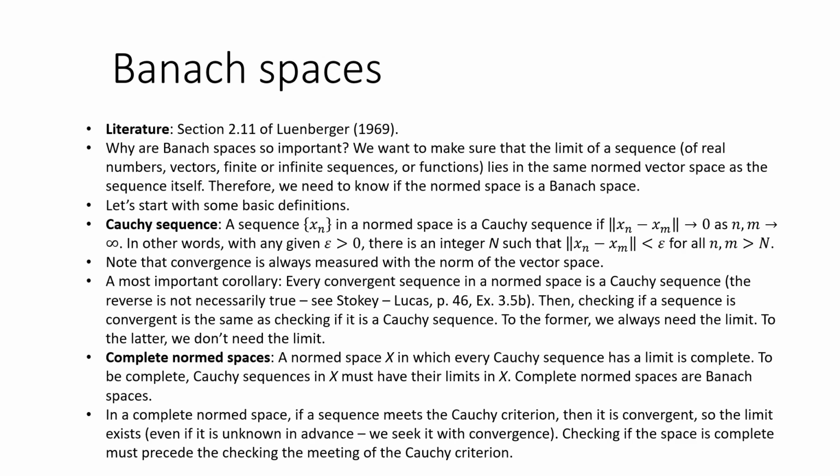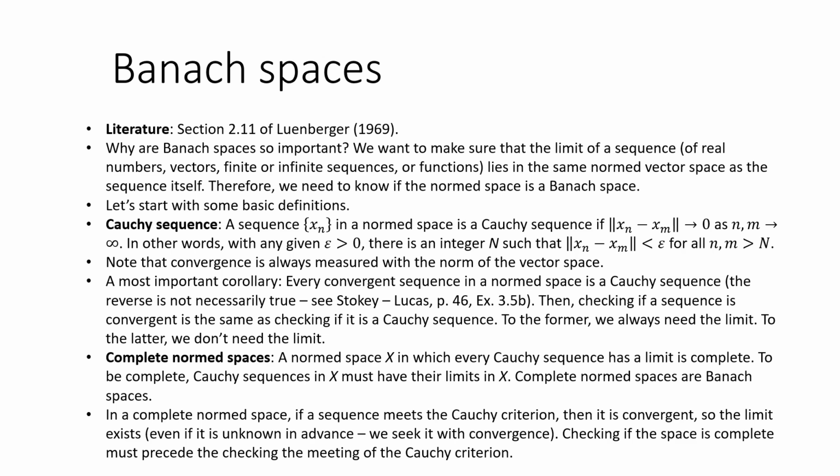But once we know that the sequence is a Cauchy sequence, we can be sure that the limit exists, even if we don't know it in advance. So the Cauchy criterion is very useful, because by checking if a sequence meets this Cauchy criterion, we can check if the sequence is convergent.